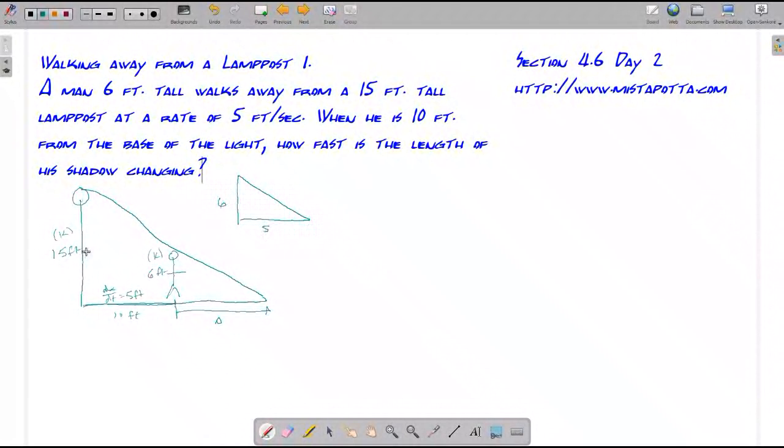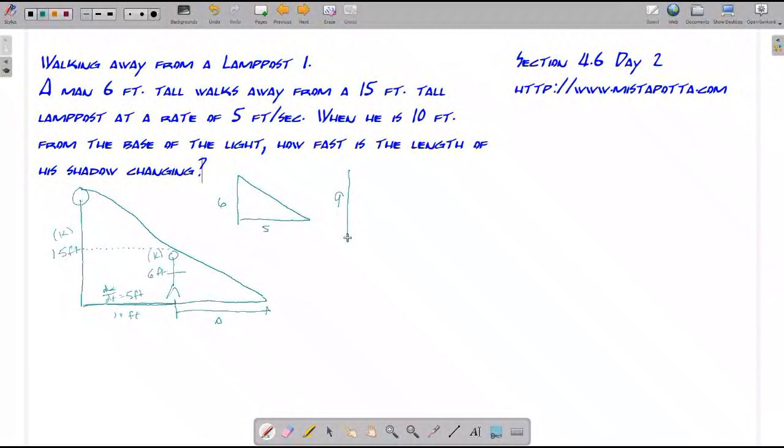But I also have another triangle over here, which is dealing with the top of the lamp post to the top of the man's head, and the distance that the man is from the lamp post. Well, this is 15 minus 6, which is 9 feet tall.